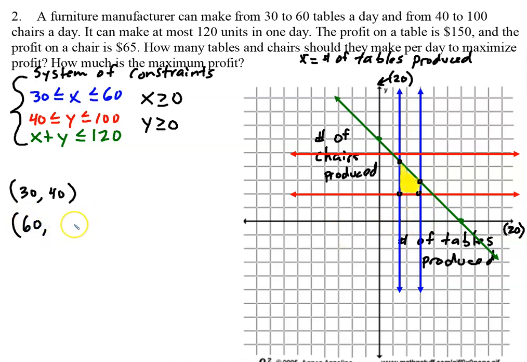Combination of 60 tables, 40 chairs. And then right here, we've got 60, 60. That's 60 of each. And then up here, this looks like 30 and 90.